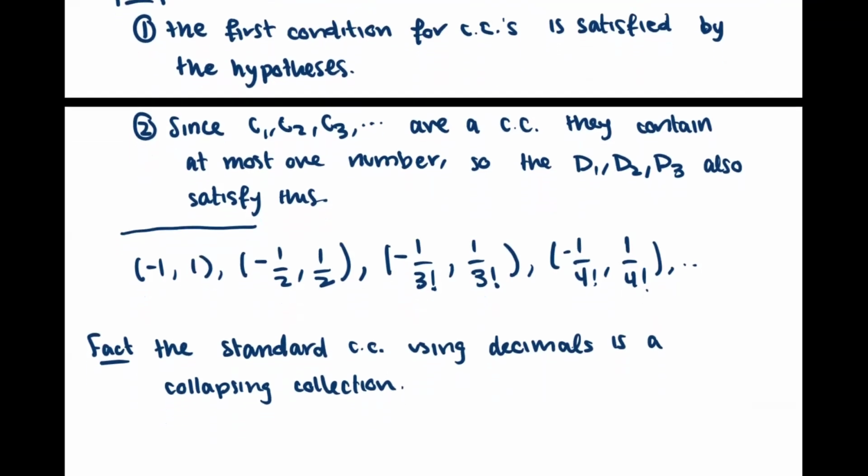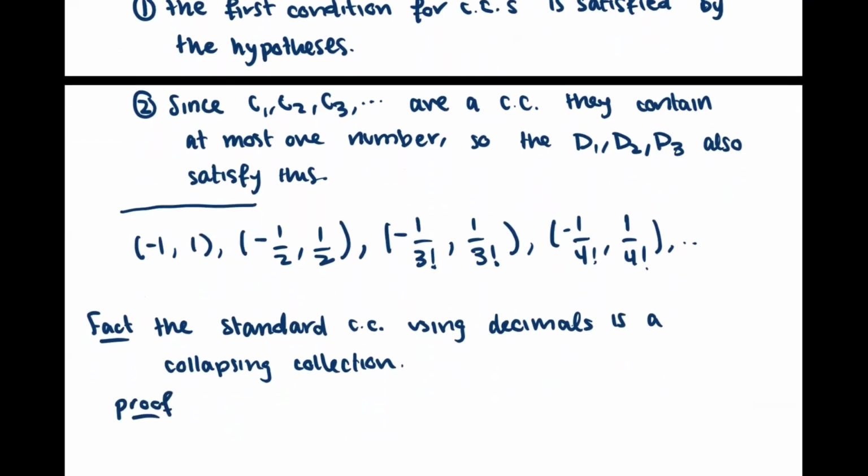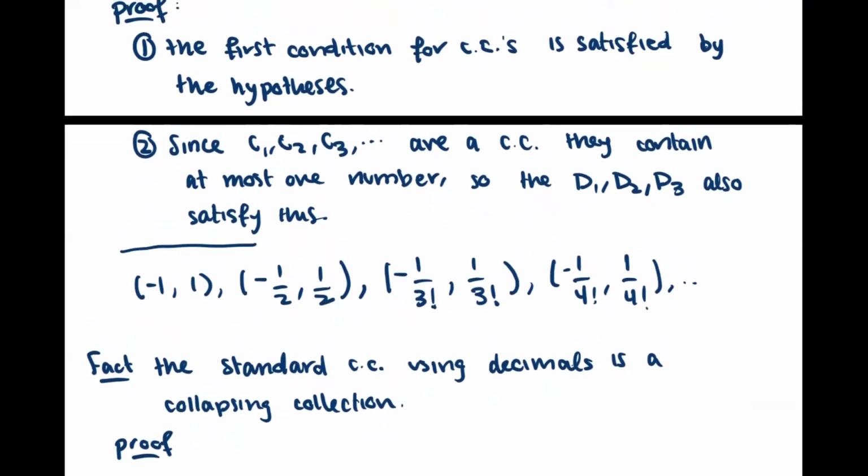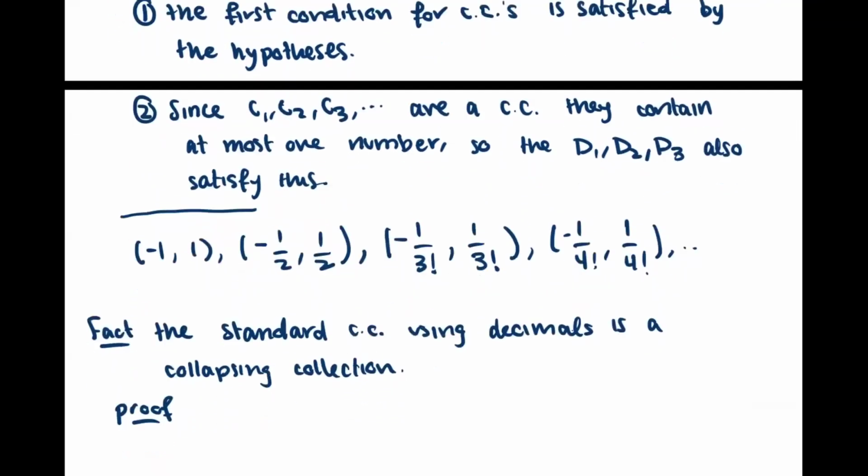So to prove this, let's combine the two facts that we just proved. What are the two facts that we just proved? The one about subsets that we just saw, and also the fact that the reciprocals collapsing collection is a collapsing collection. So here's the strategy.